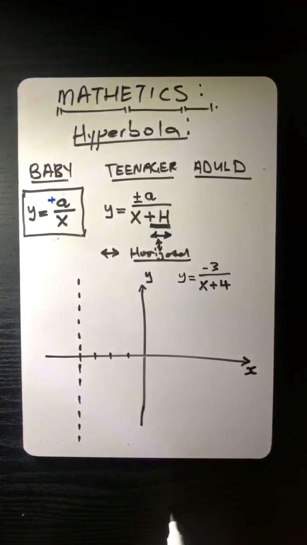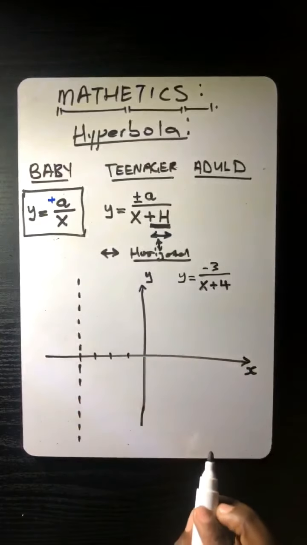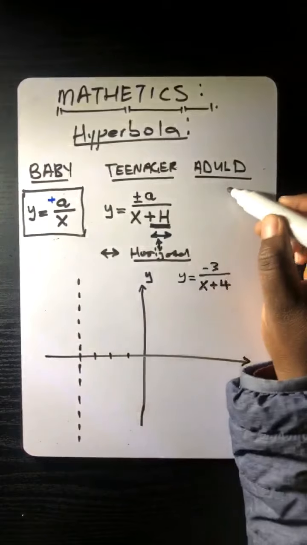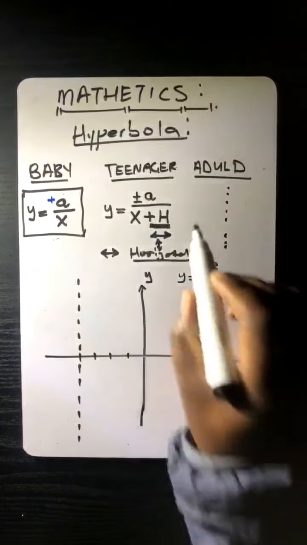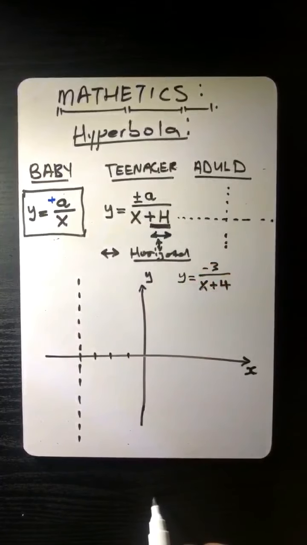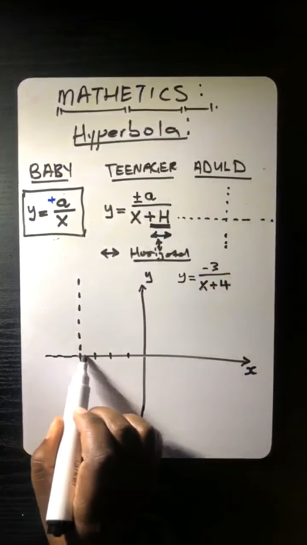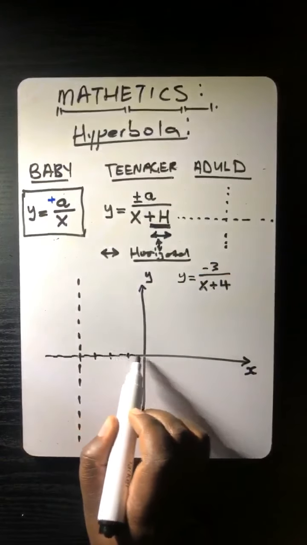Okay, where is our other never? Remember, we have 2 nevers, the vertical never and the horizontal never. So, the horizontal never is within. Yes, you get it.